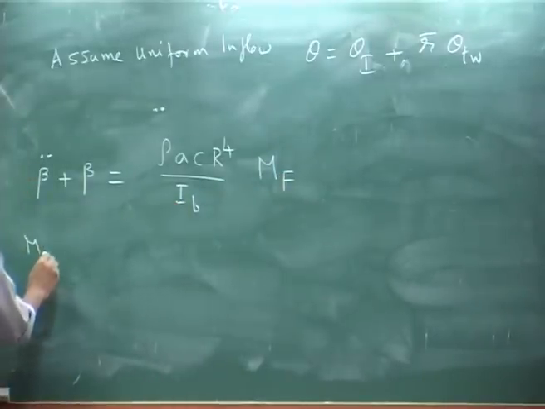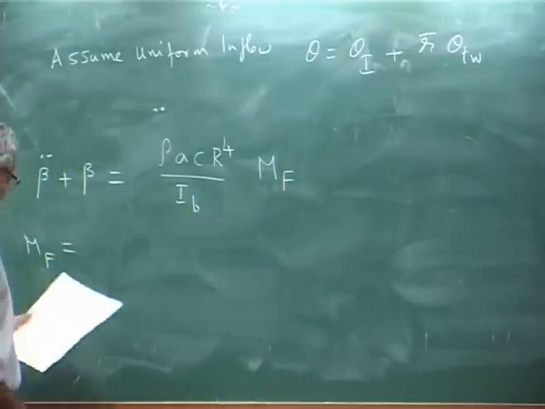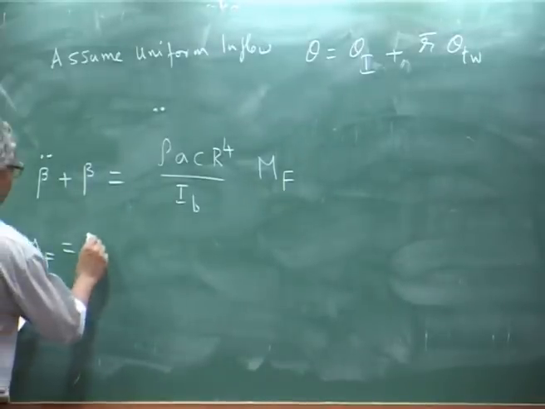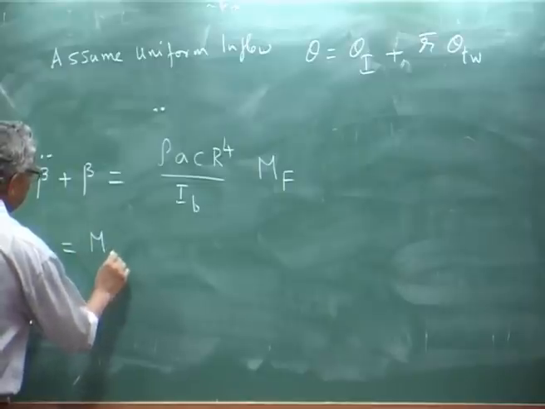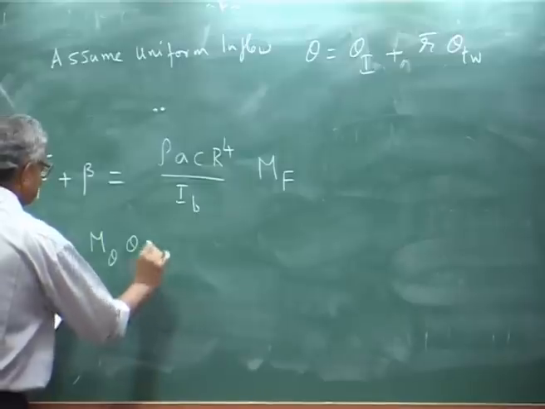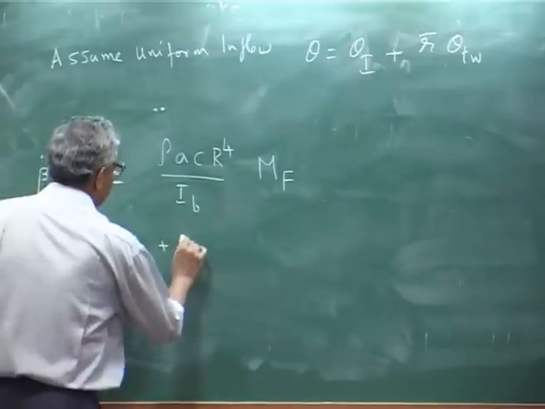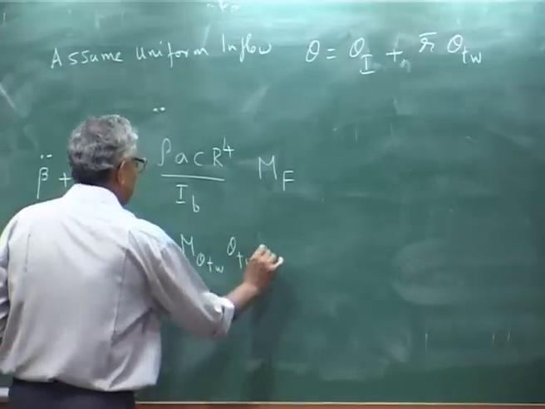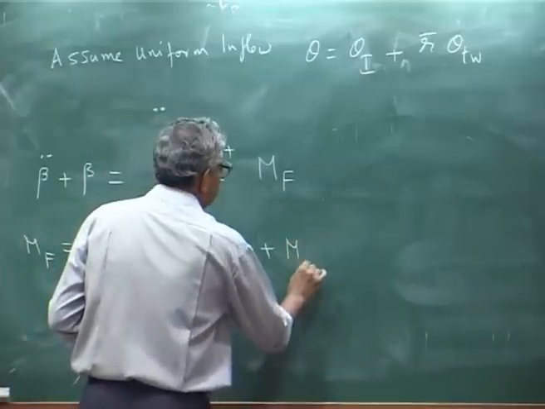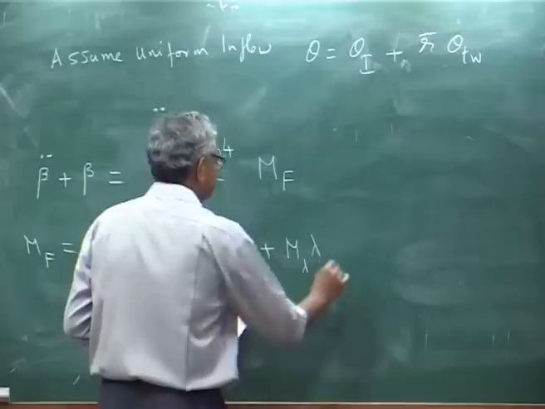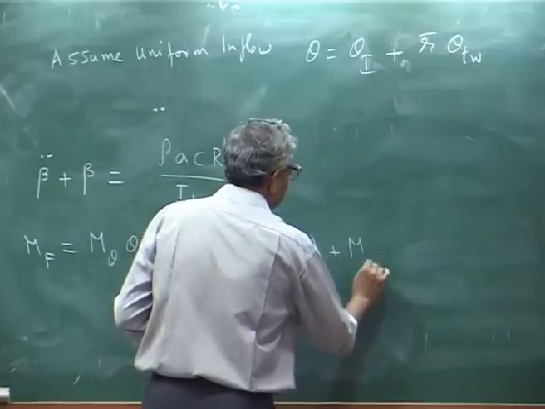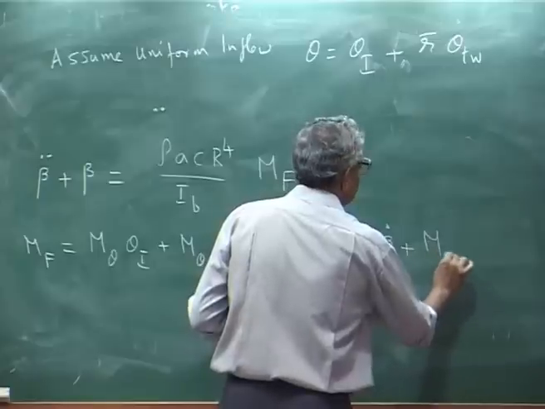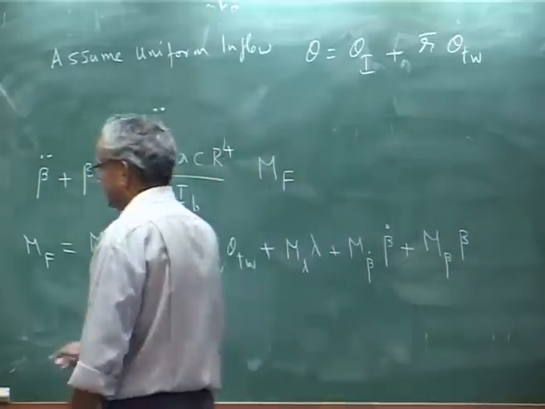M F consists of several terms. You will have M theta theta I, M theta twist, plus M lambda lambda, M beta dot, plus M beta beta.